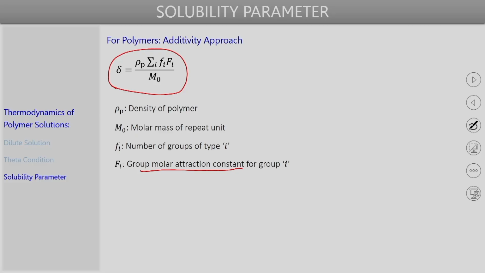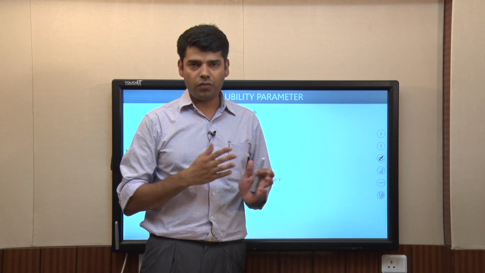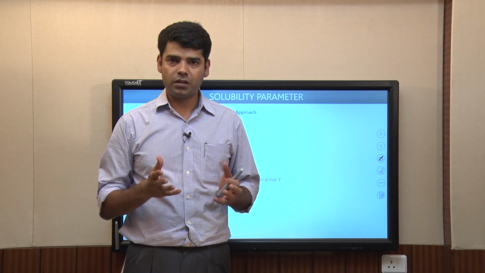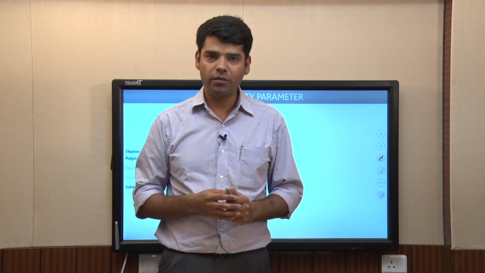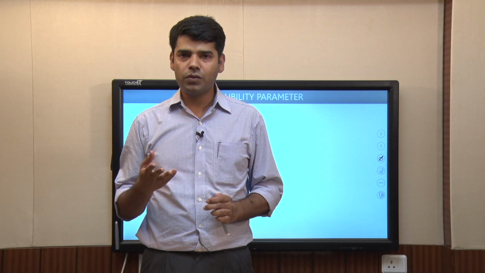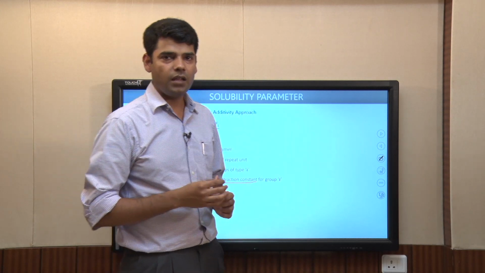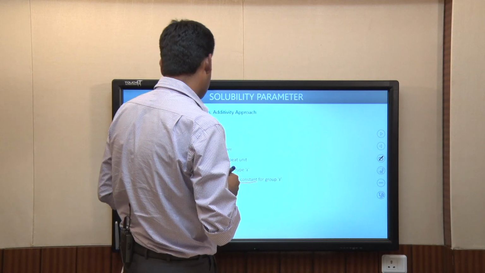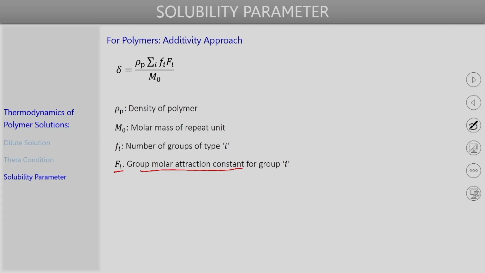Considering this additivity approach, the capital F is referred to as the group molar attraction constant. The values of these constants are listed for a wide range of groups in standard handbooks, and through the use of such values, the solubility parameter for polymers can be obtained.